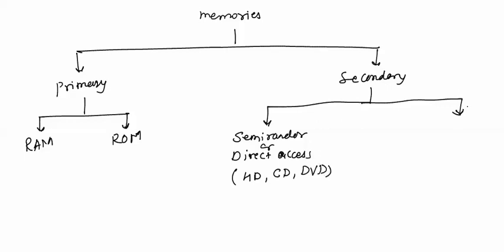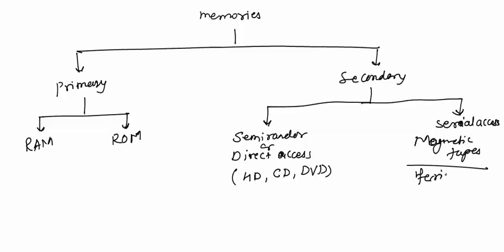Apart from this, there are serial access memories where data has to be accessed serially, such as magnetic tapes and ferrite core memory. In direct access memory, any location can be accessed directly, while in serial access, the data should be accessed serially.